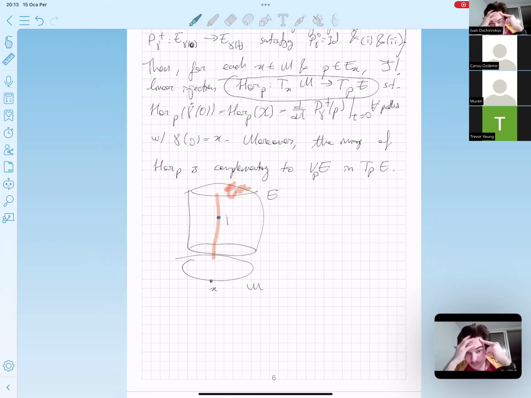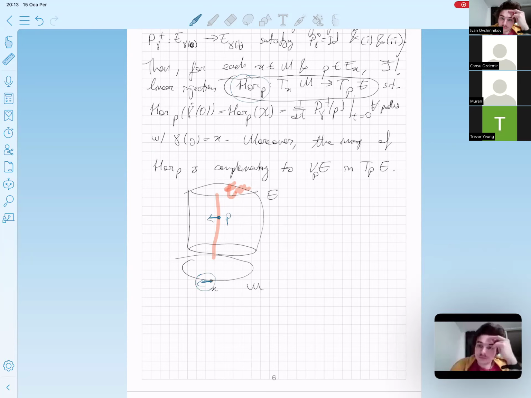This is P. Now what you're saying is if you have any vector that's tangent to X here, then there is the whole piece. Take this guy, make it go to something tangent at P here.